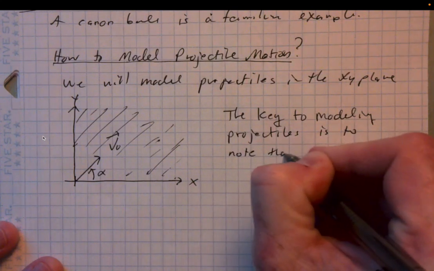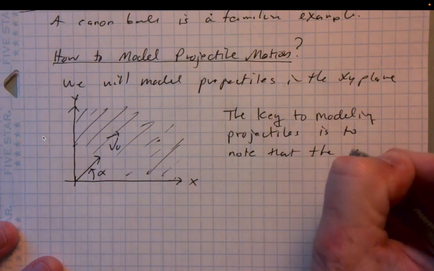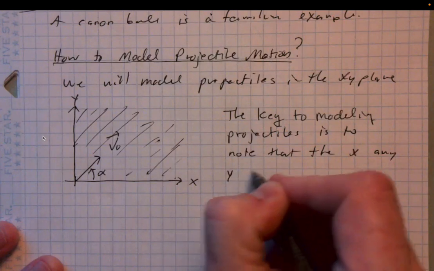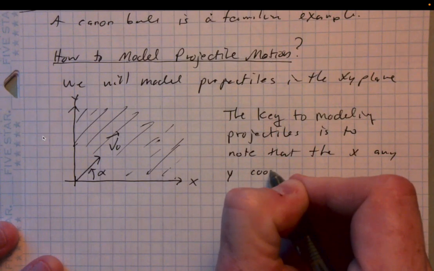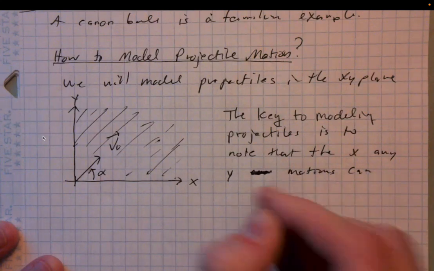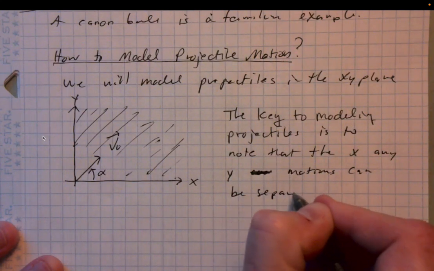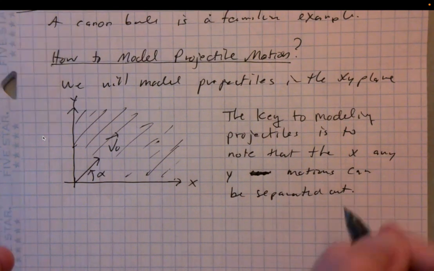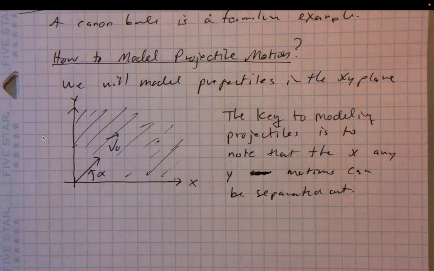Is to note that the x and y motions are separate. So we can think of the x motion as doing a certain thing. We can think of the y motion as doing a different thing, and the two of them can be thought of as independent. So what's happening in the x component?